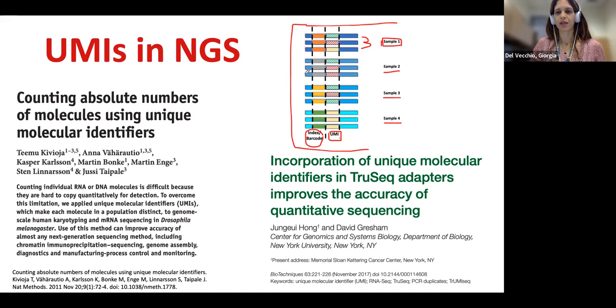So we can say, okay, this one is an artifact. It's just a PCR artifact. So here I have 2 molecules. Sample 3 again has 2 green, so it's 2 molecules. Sample 4 actually has the same UMI for all of them, so 1 and 2 are artifacts.